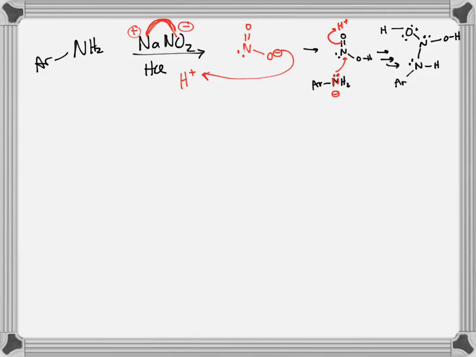What gets protonated? Okay. Oxygen's a reasonable place to go ahead and get protonated, so let's do that. I'm going to get out of the corner here in just a second. If our oxygen gets protonated, what's unhappy about that?